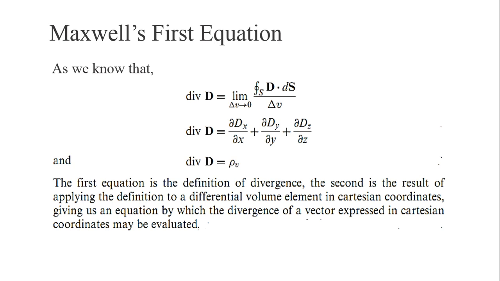Now when we apply this definition to a differential volume element in the Cartesian coordinate system, we will get the second equation, which is the divergence of a vector field D equal to partial by partial x of Dx plus partial by partial y of Dy plus partial by partial z of Dz.